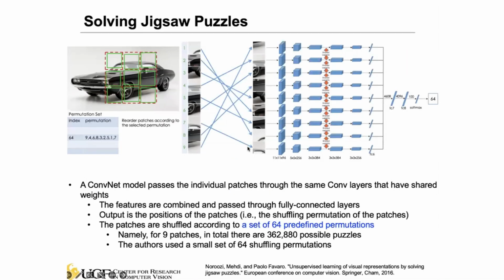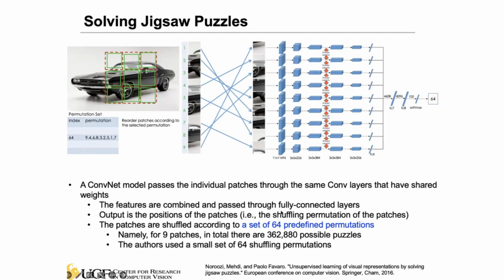If you have 9 patches, you have a large number of permutations. You can shuffle all these patches and get different permutations. To make this easier to solve: if you just shuffle all of these, you have like 362,000 or more possible puzzles, which may make the task too complex.